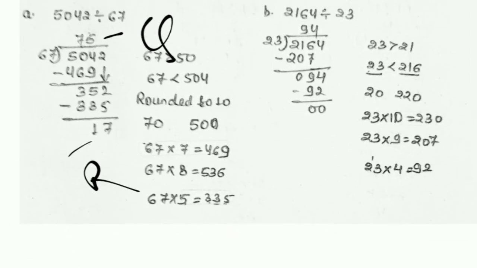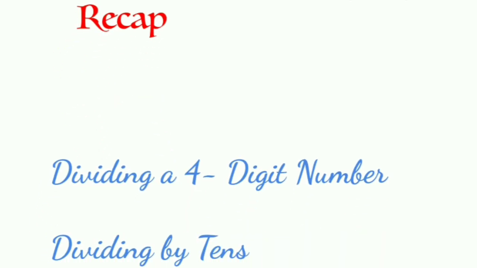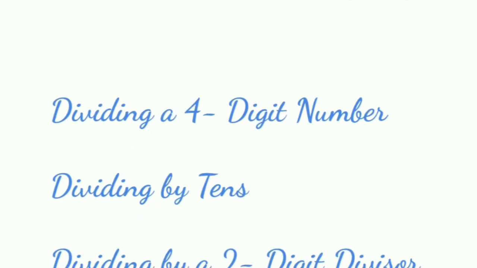Now let's see the recap. In this we have learned dividing a 4-digit number. In this we have learned 3-digit quotient and 0 in the quotient. Next is dividing by tens.